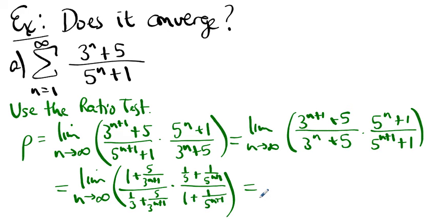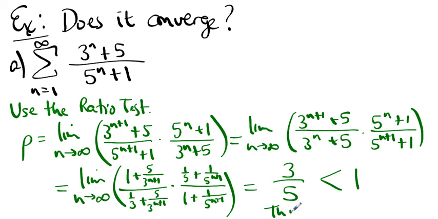And we can take a look at what happens as n gets large. As n gets large, this goes away, this goes away, this goes away, this goes away, and you end up with 3 times 1/5, and that's 3/5, which is less than 1.